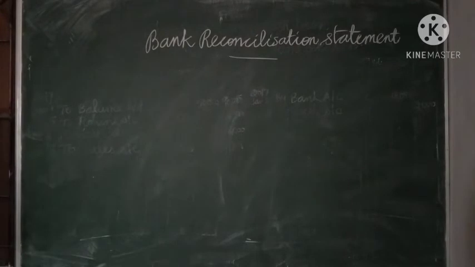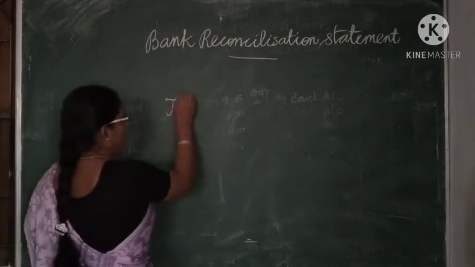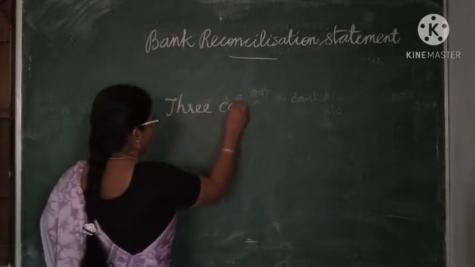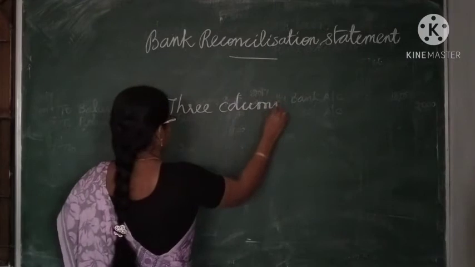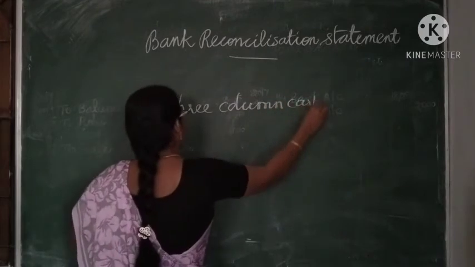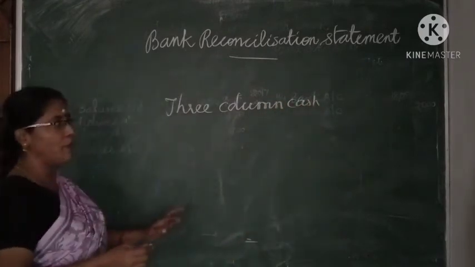See, you can imagine you are the owner of a small shop, isn't it? In the previous chapter we have seen the triple column cash book. In that triple column cash book, what are all the columns we have maintained?